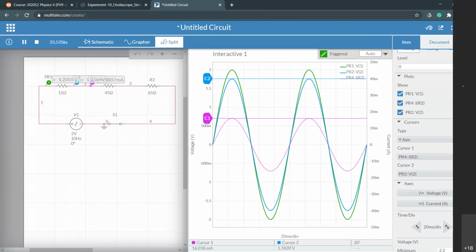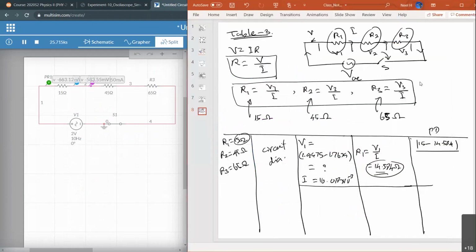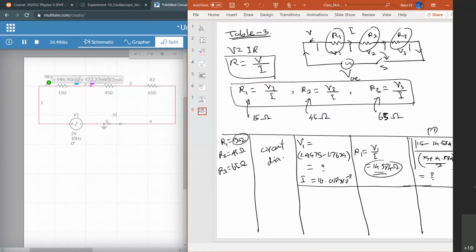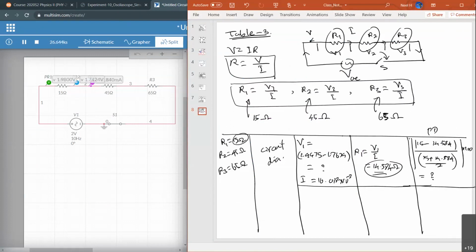So you know how to do the percentage difference, right? So 15 plus 14.584 divided by 2, everything absolute value, multiplied by 100. So that's the percent difference for the resistor R1. Then you do the same calculation for R2 and then R3. That is for the circuit number 1. Okay, good. Any question so far?